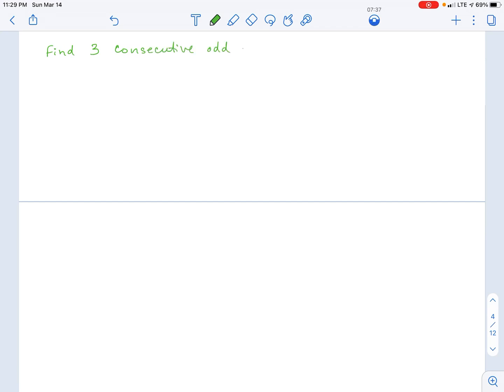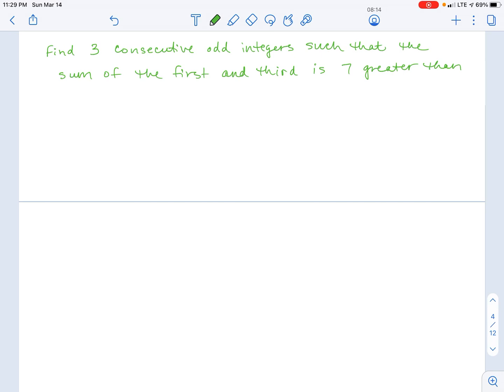This one time it's going to be odd instead of even, such that the sum of the first and third, sorry, it's a little tough to see here, is 7 greater than, 7 greater than what?